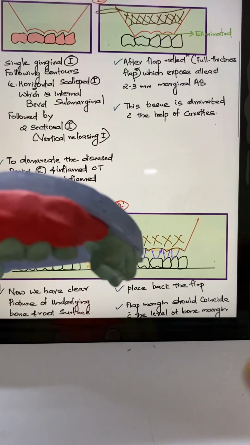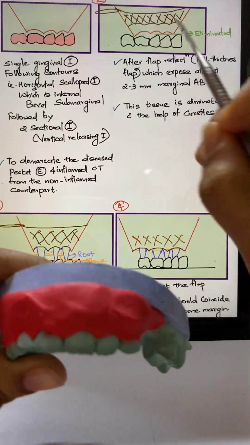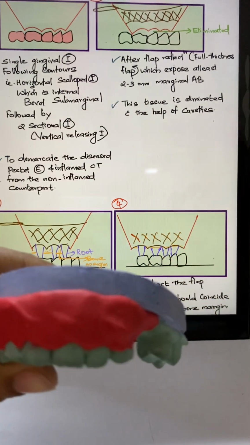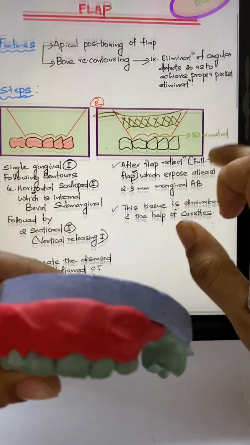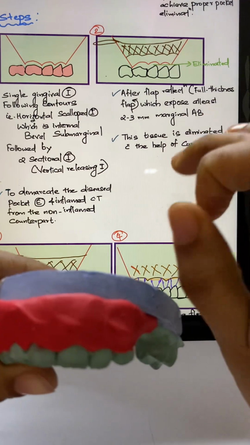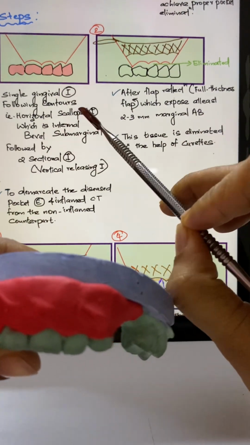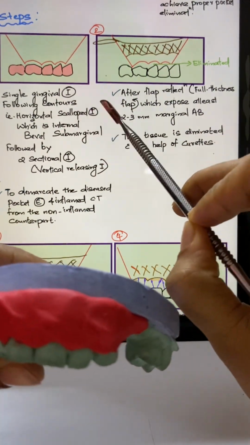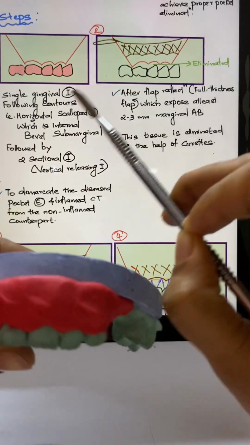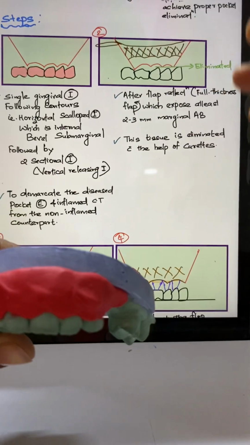Here we give the horizontal scalloped incision, which is internal bevel submarginal. That means in this technique, we give an internal bevel submarginal horizontal scalloped incision. This is a little lengthy, so you may get confused, so I'll give this demo so that you can understand better.